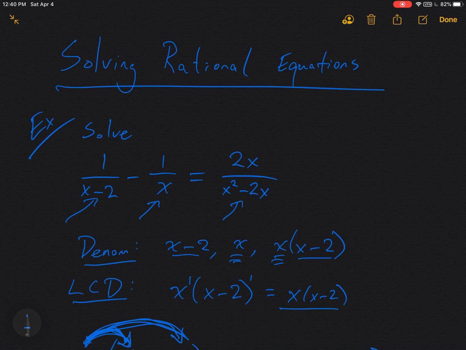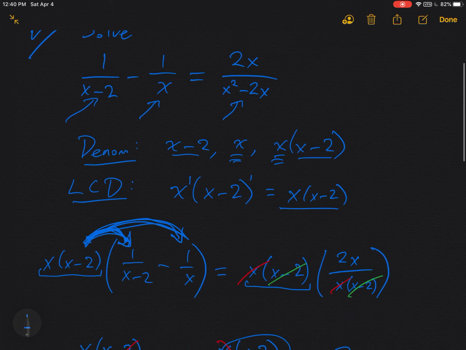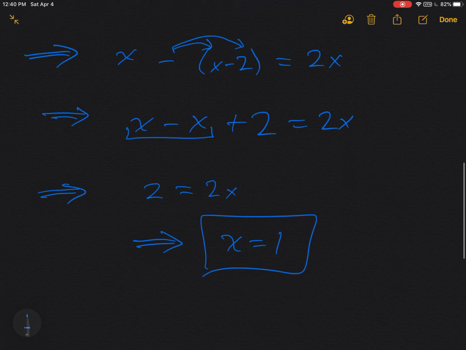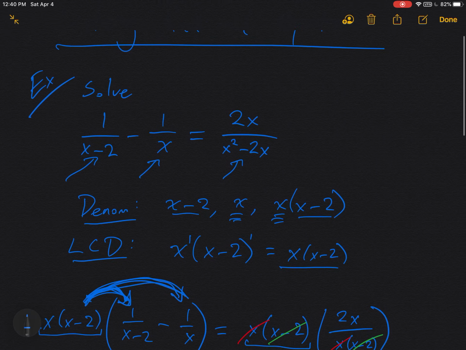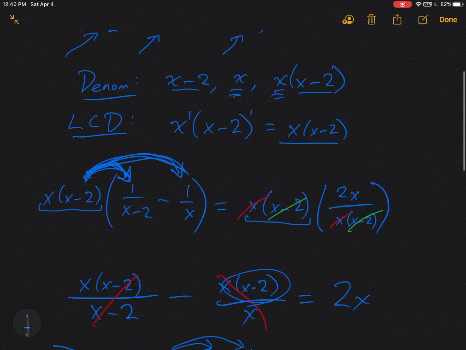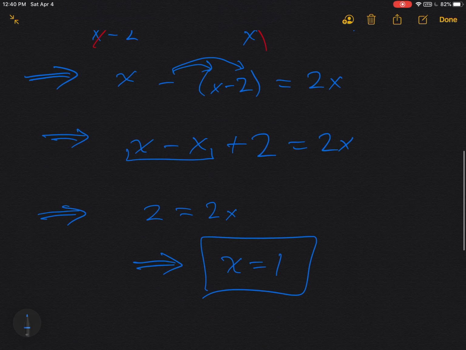So the input 1 would not be problematic here. And that's all that you have to check. You can plug in 1 and check that the original equation holds, but the only obstruction to the original equation holding is just to have a 0 in one of the denominators. So since 1 doesn't cause a 0 in any of the denominators in the original equation, we know that x equals 1 is our solution.